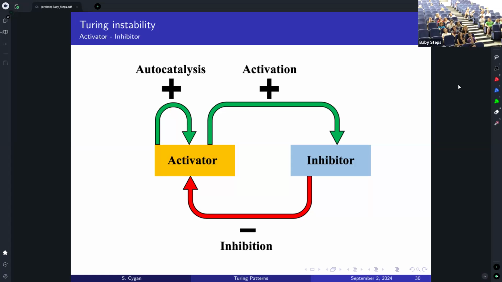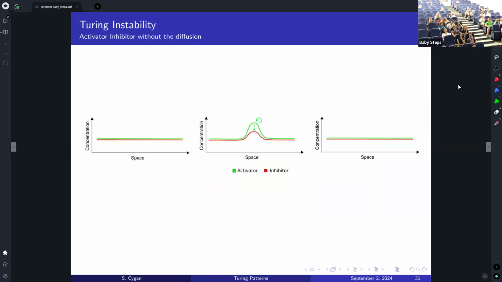And this dynamics is the following. First, analyze the case without the diffusion. Assume we have a constant steady state with a fixed level of activator and a fixed level of inhibitor. Everything is uniform, everything is constant. Now we introduce a perturbation at a certain point of the domain. For example, we increase the amount of the activator and the amount of the inhibitor. Then what happens?